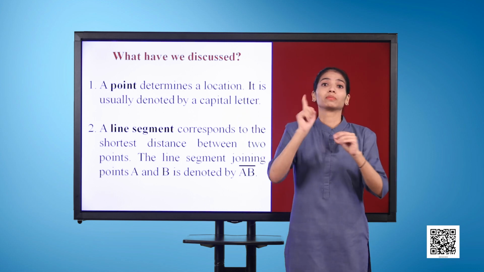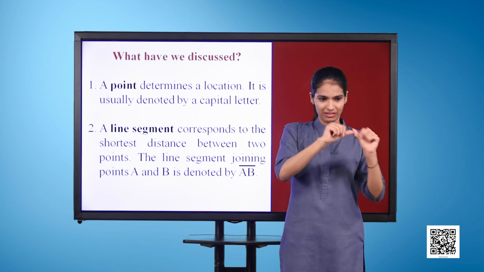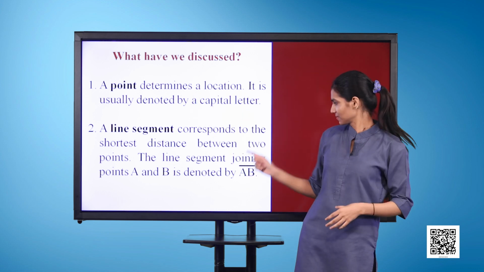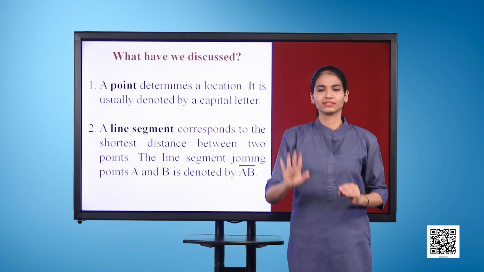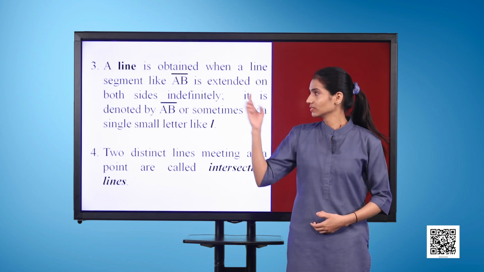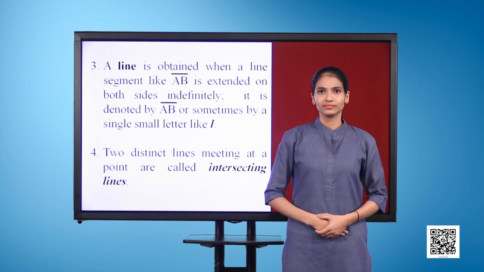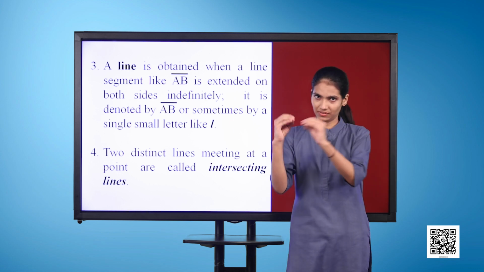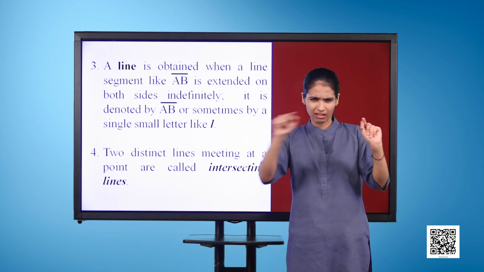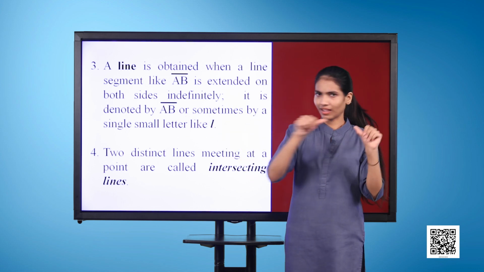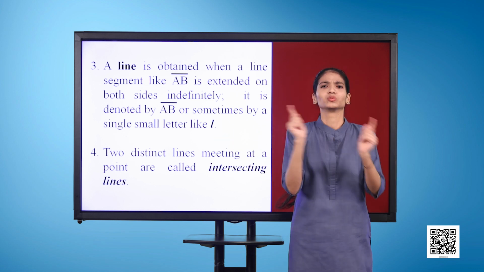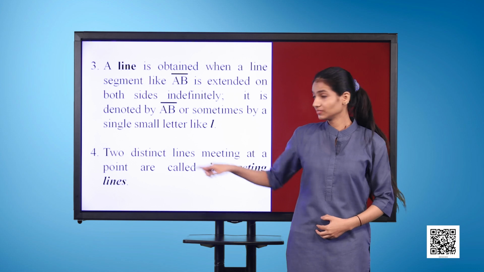The line segment joining points A and B is denoted by AB with an overhead line segment symbol, a dash. Page 85. 3. A line is obtained when a line segment like AB is extended on both sides indefinitely. It is denoted by AB with an overhead symbol of a line with 2 arrows in both directions, or sometimes by a single small letter like l.